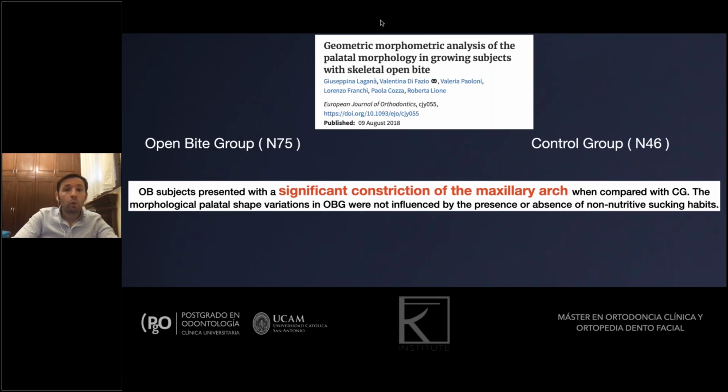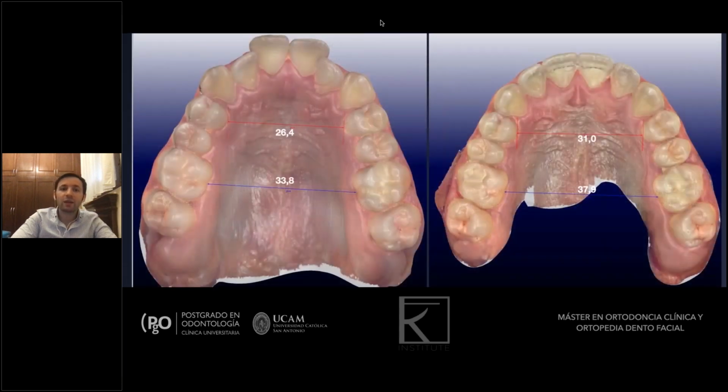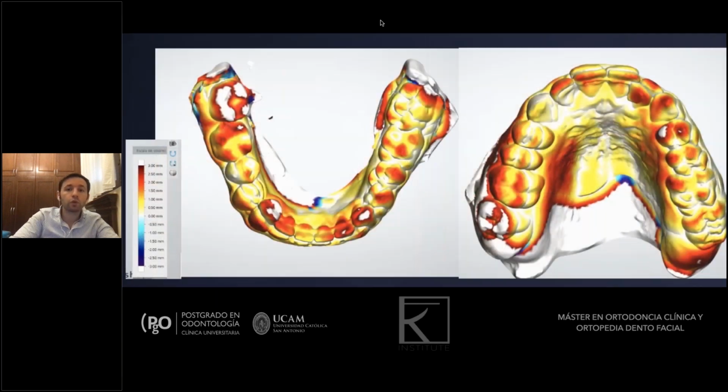So when we see a class 3 dolicho patient, the first thing we need to see is the maxilla. We are going to treat the sagittal first for sure, but also look at the transversal of the maxilla and the volume of the maxilla. We have the opportunity to make the measurements.